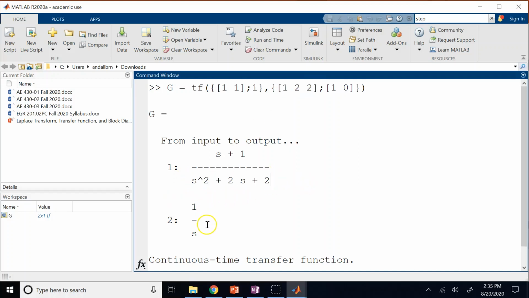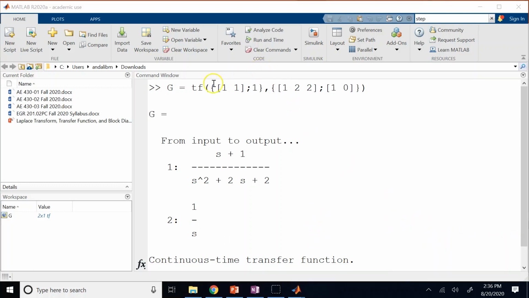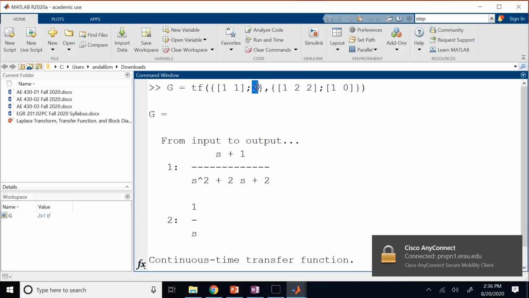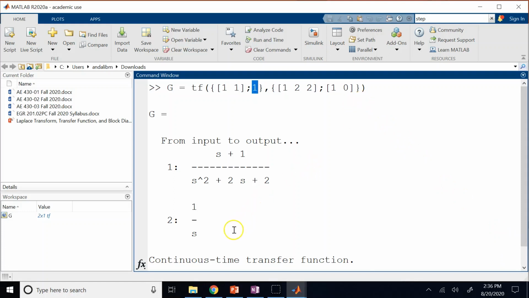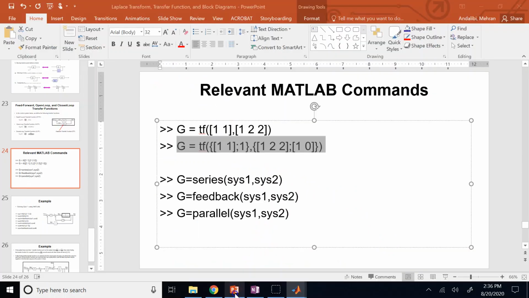The second transfer function, which is between the second input and the only output, has numerator 1 and denominator is what? 1 and 0, right? So using braces and then putting the vectors or brackets inside them, we are able to define a matrix of transfer functions. So if you need to define a MIMO system, you can use this. But again, we don't do MIMO systems in this course, but just wanted you to know about that, okay?